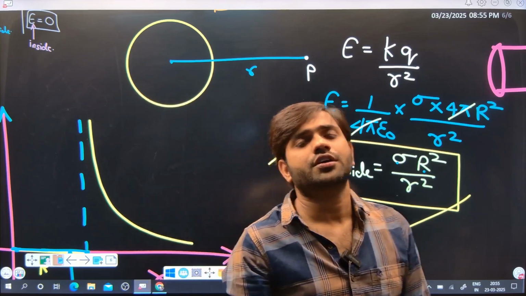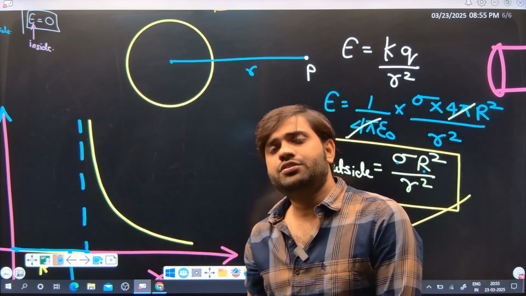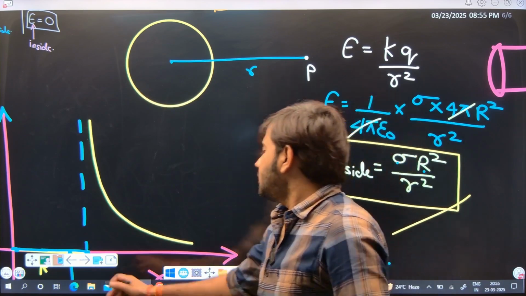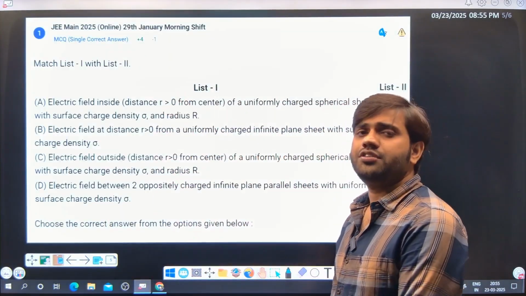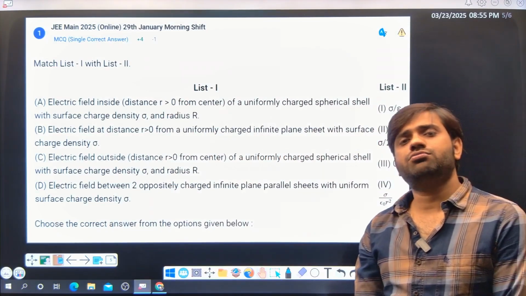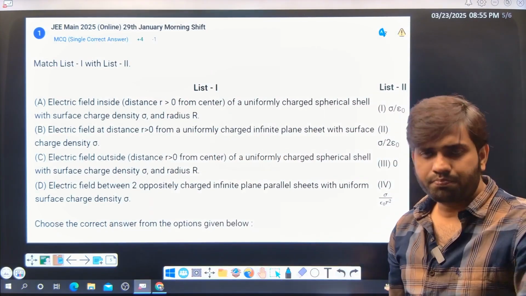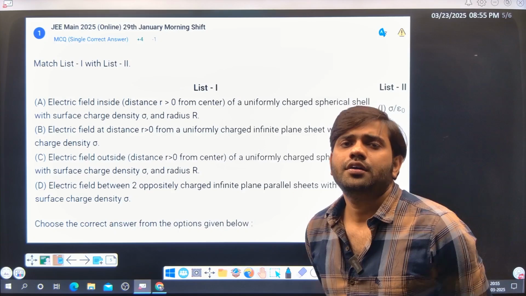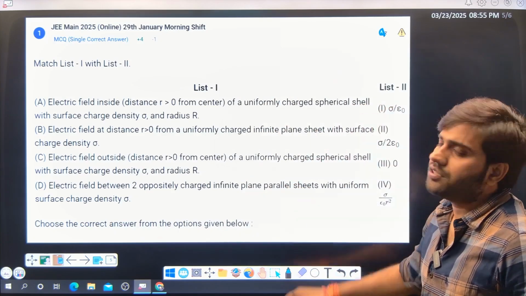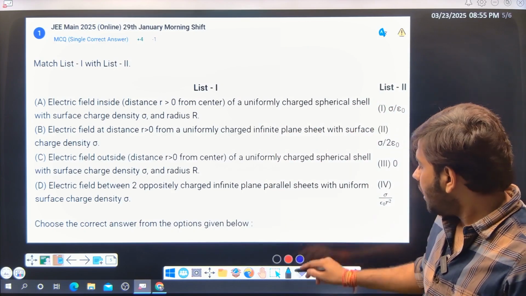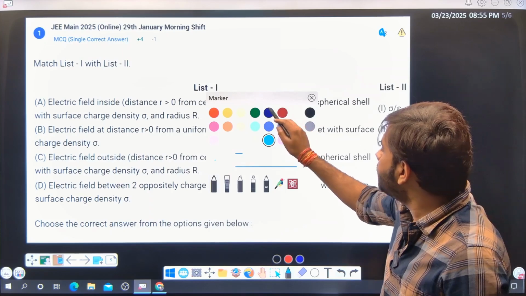So I am taking you to a question which was already asked this year in the JEE Mains examination. Kindly see this question and try to solve it, or pause and try to solve it. All the answers and questions are here, we have to match them. I'll help you.